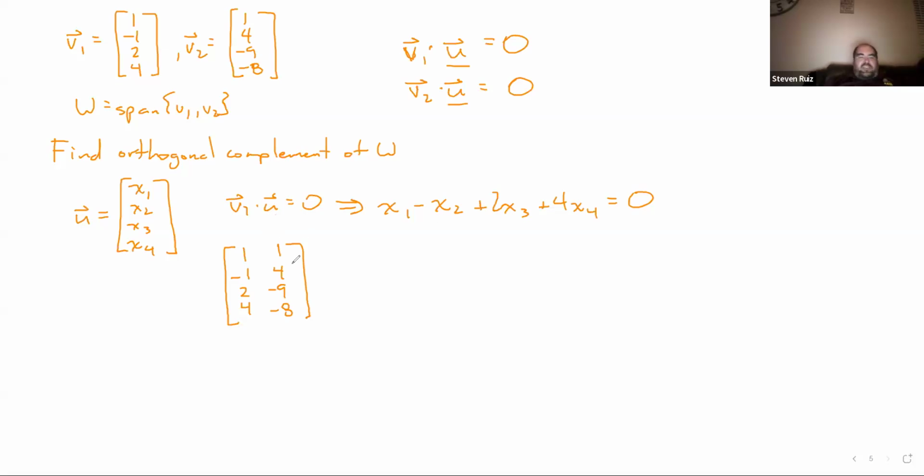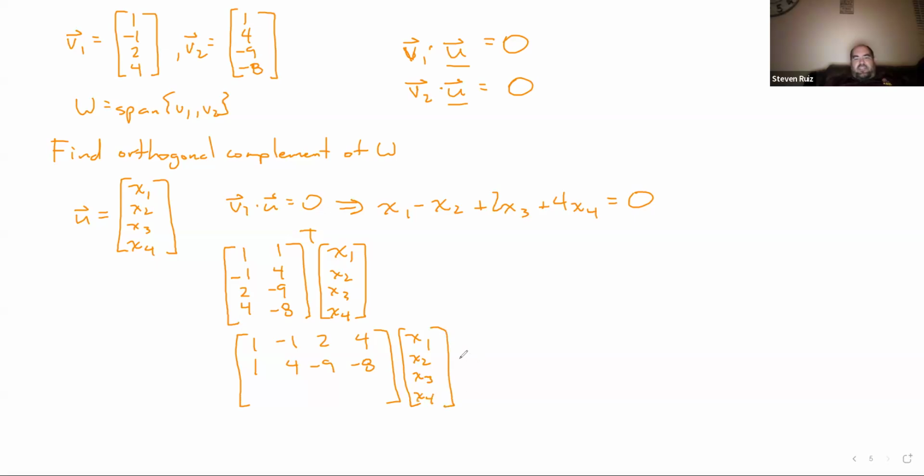I can dot these together because they're the right order, but I can't do this, because the dimensions are off. So what I have to do is transpose this. If I transpose it, I get the rows 1, -1, 2, 4 and 1, 4, -9, -8, times X1, X2, X3, X4. Now this thing makes sense.